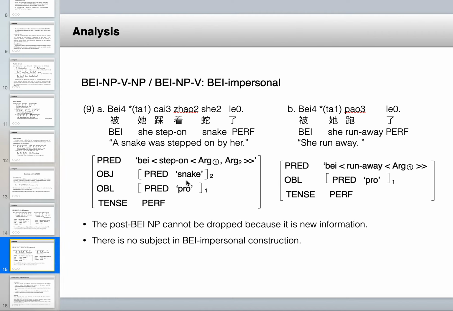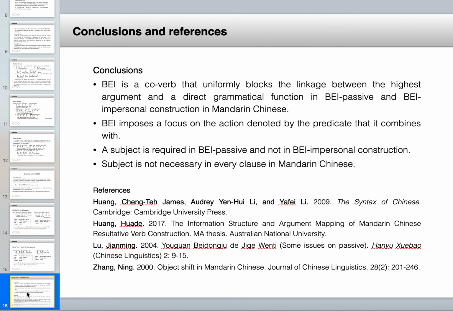And here are F structures for 2A and 3A. The post-BEI NP cannot be dropped because it is always new information. And as we can see, there's no subject in these 2 constructions, so we name it the BEI impersonal construction.